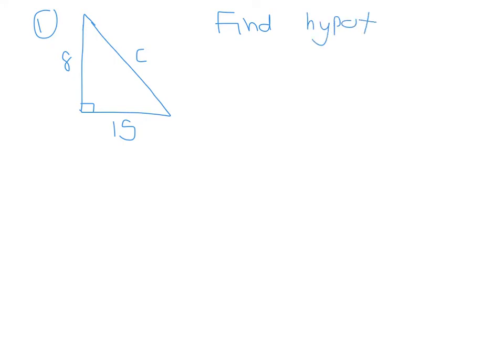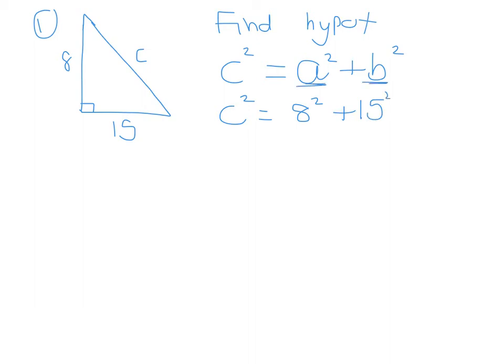So the C, we always set it separate from the other two sides in the Pythagorean theorem. So the C squared equals the A squared plus B squared. So in this problem, C squared equals 8 squared plus 15 squared. Doesn't really matter which one's A and which one's B. They're interchangeable, but always have C alone in this formula.